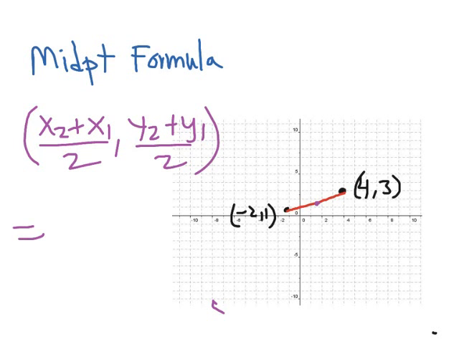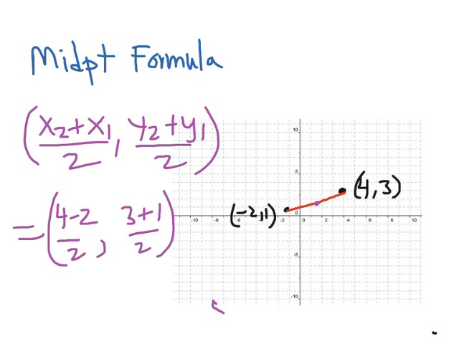So in this case, the midpoint is going to be 4 plus negative 2, that's 4 minus 2 over 2, comma, at the y's, 3 plus 1 over 2. Alright, so that's 1, comma, 2.